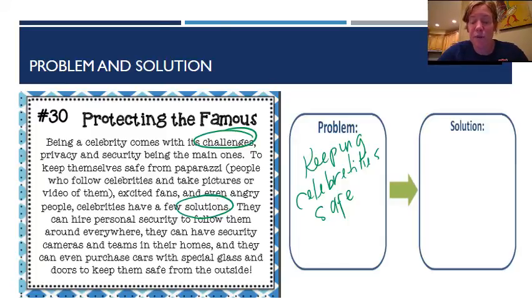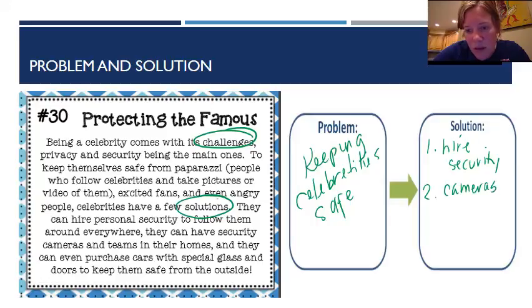In this specific graphic organizer, there's only space to put one. However, you can always number them. So 1, it says hire security. It also says they can have cameras in their home, security cameras. It also said they can buy special cars that have special glass or tints that keep paparazzi and other people from seeing into the cars as they travel.